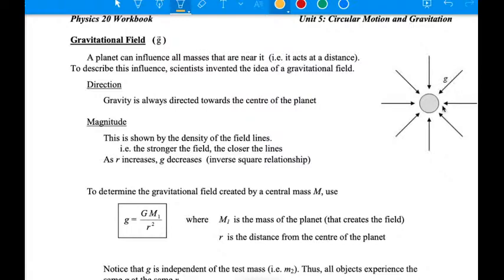It's actually the force of gravity because as soon as you throw a planet with a mass nearby, right? Let's say this is Earth.